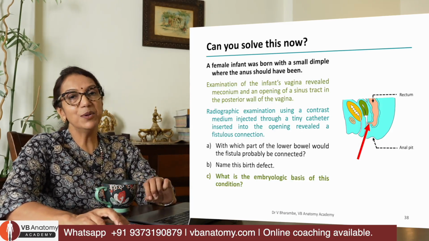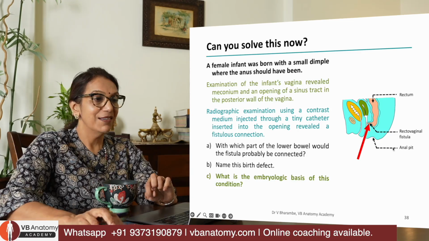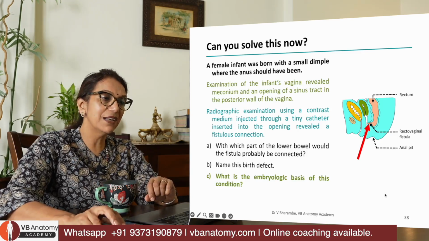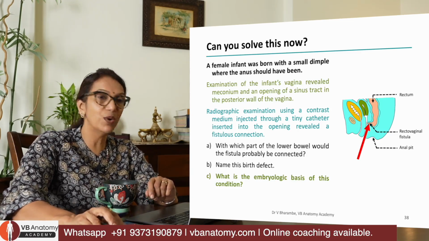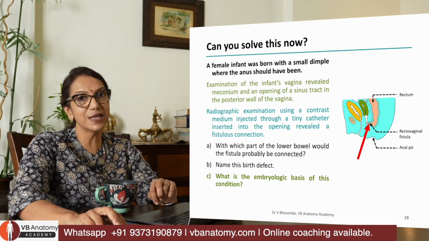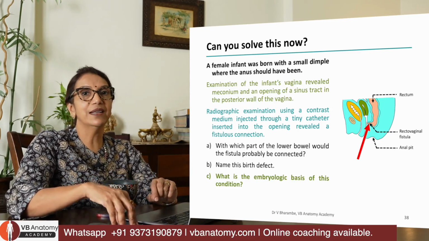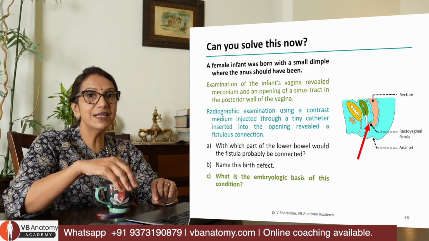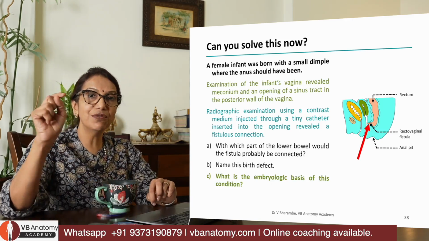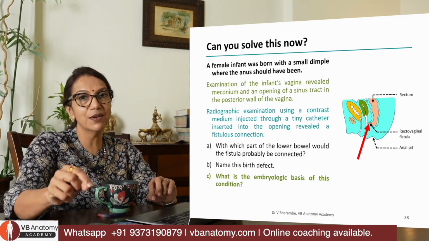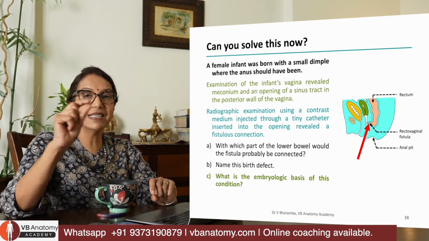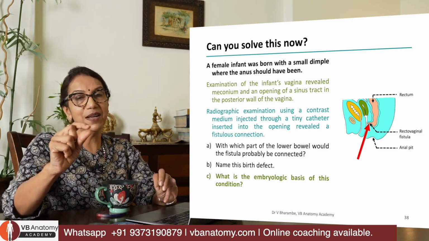So let's come back to the point how we started our class. We saw that there was a rectovaginal fistula and our question was, what is the embryological basis for this? Now we know that rectovaginal fistula is likely to be persistent cloacal duct, non-development of distal end of the rectum.